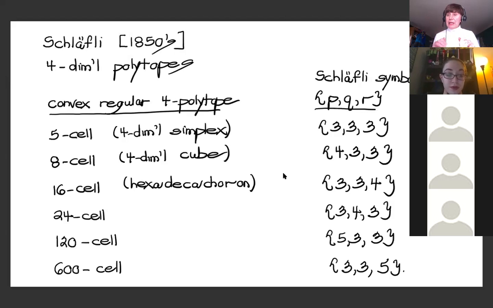What that would mean is that each of the faces are squares, 4-gons, and that at every vertex, 3 of them meet. So that's what that beginning part says. So for this Schläfli symbol 4,3,3, it says the 2-dimensional faces are squares and that 3 of them meet at every vertex.